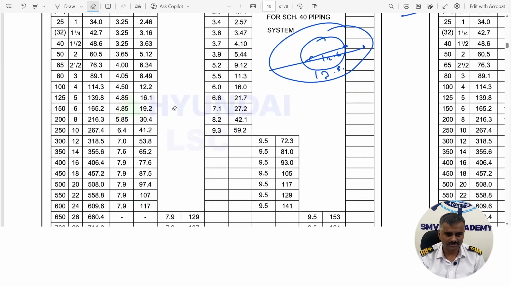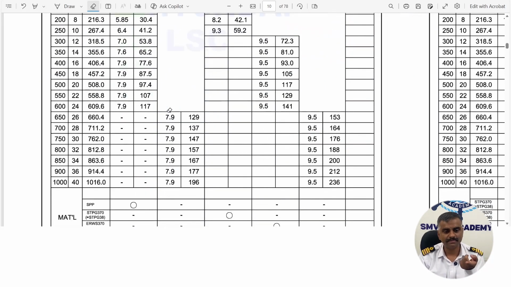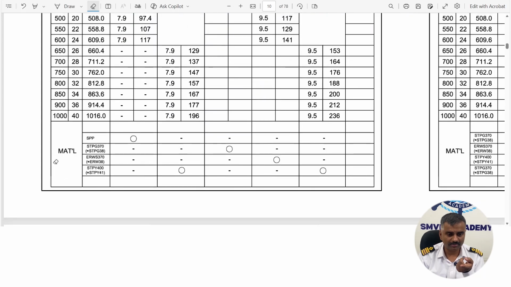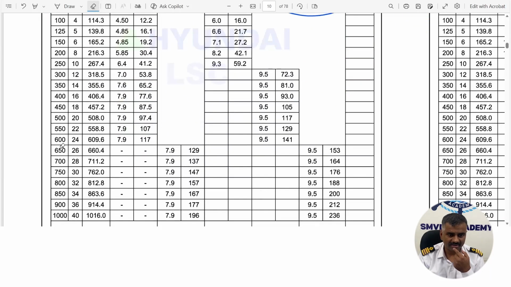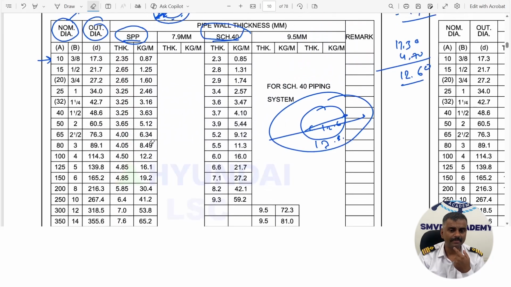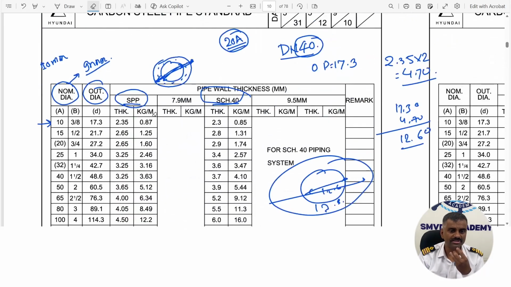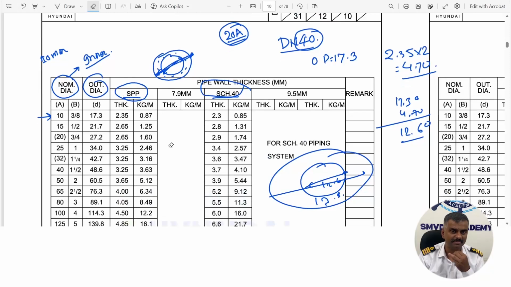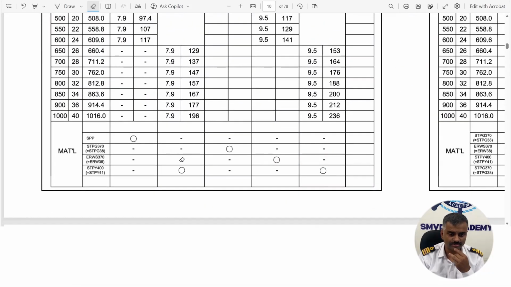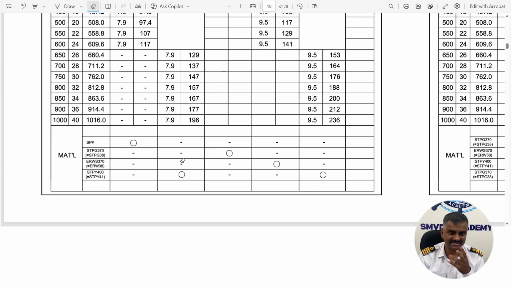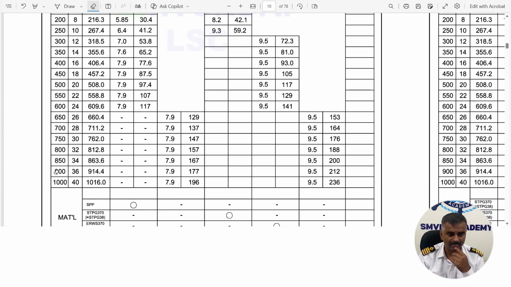Let me show it to you. Since we have read in the last section, SPP pipe is meant. In the bottom you see material. SPP is circled here. Until 600 mm, you can use an SPP pipe. After that the material needs more strength, so you cannot use this general service kind of pipe. For that you use STPY 400, which has 400 megapascals of tensile strength, because the pipe nominal dia is increasing.